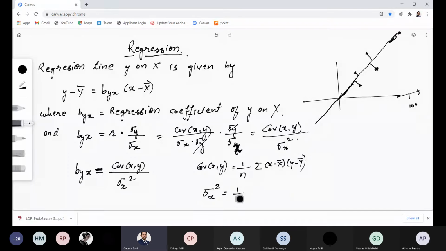This is equal to 1 upon n summation x square minus x bar square. Can someone tell me the simplification for byx? You divide these two.